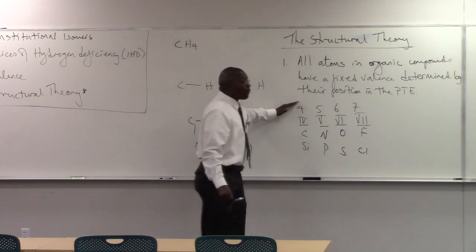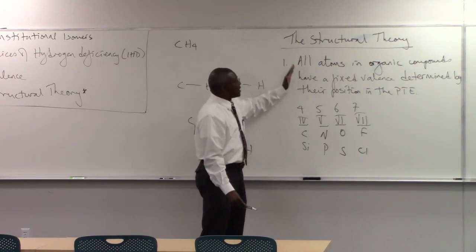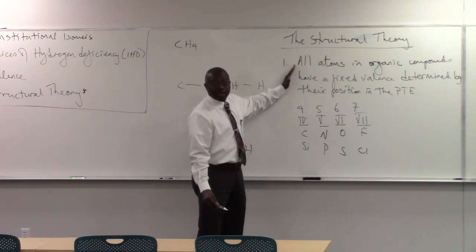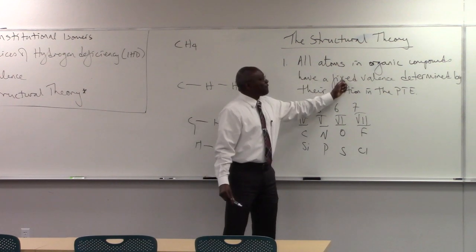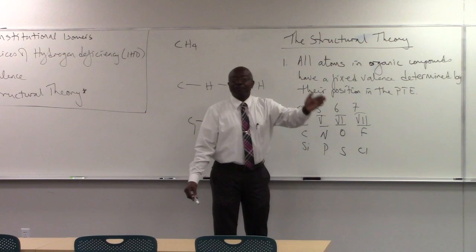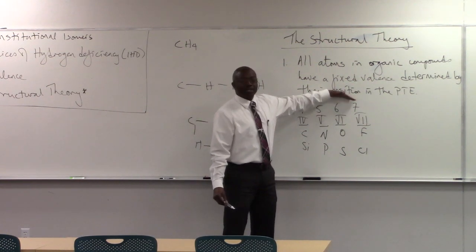So if you're in group 4, you will be tetravalent, and you will always be tetravalent. That's what the first precept is: that all atoms in organic compounds will have a fixed valence. They will always have that valence, and that valence is determined by their position in the periodic table.